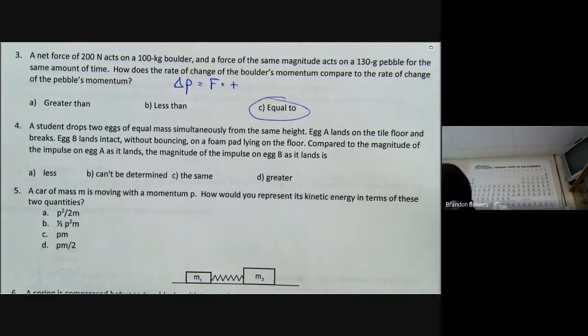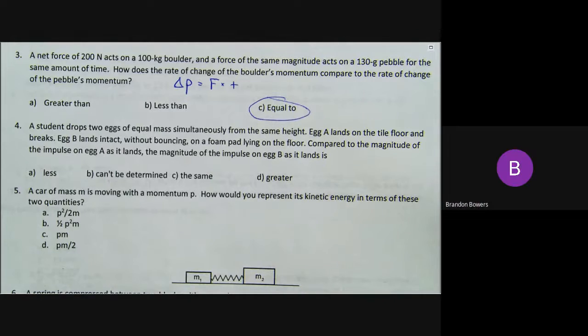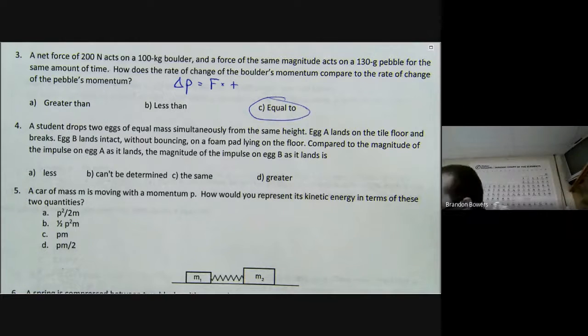A student drops 2 eggs of equal mass simultaneously from the same height. Egg A lands on tile floor and breaks. Egg B lands intact without bouncing on a foam pad lying on the floor. Compare the magnitude of the impulse on egg A as it lands to the magnitude of the impulse on egg B as it lands.